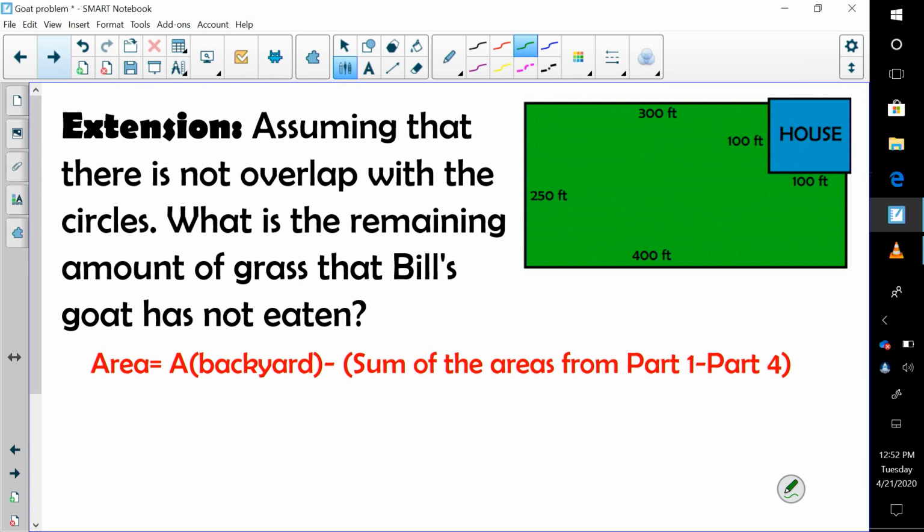You would take the area of the backyard, which is a composite figure made up of 2 rectangles. So you find the area of rectangle 1 plus the area of rectangle 2. That would be the area of the backyard. And then you would subtract all the areas that we already found. So you would subtract the sum of the areas from part 1 through part 4. And you can try that on your own.